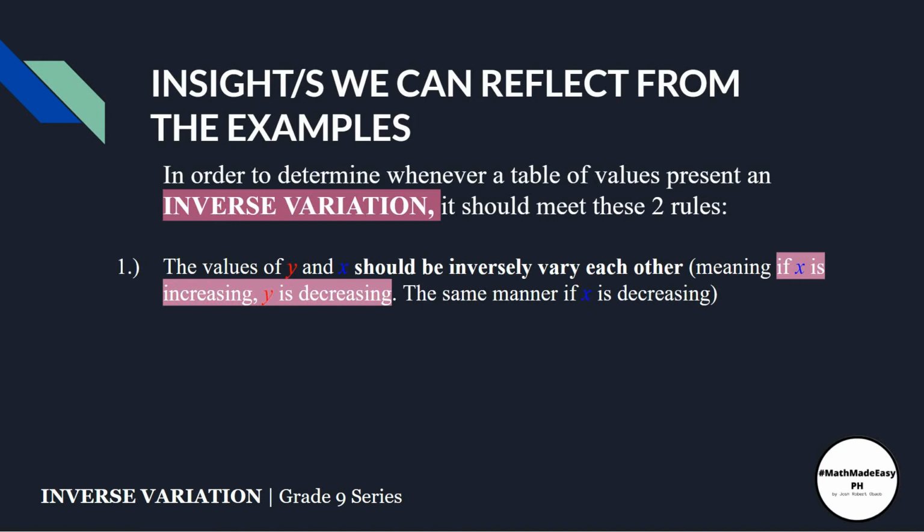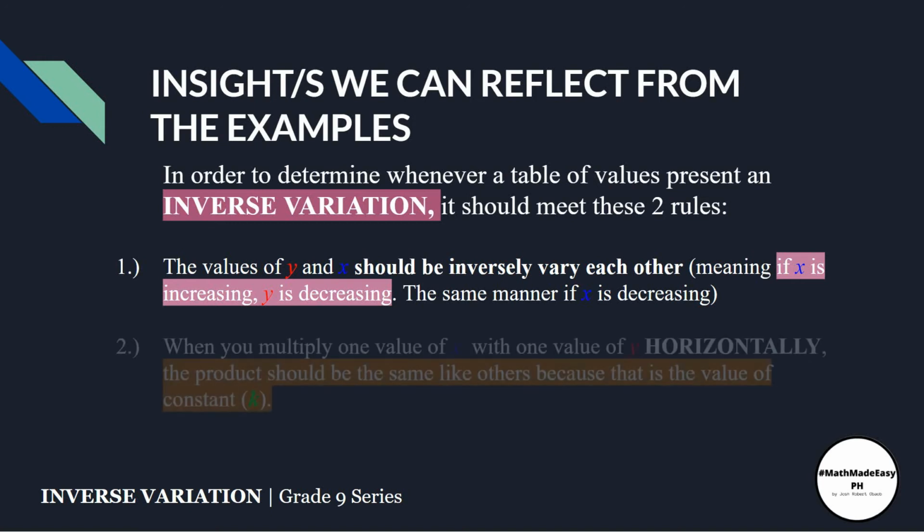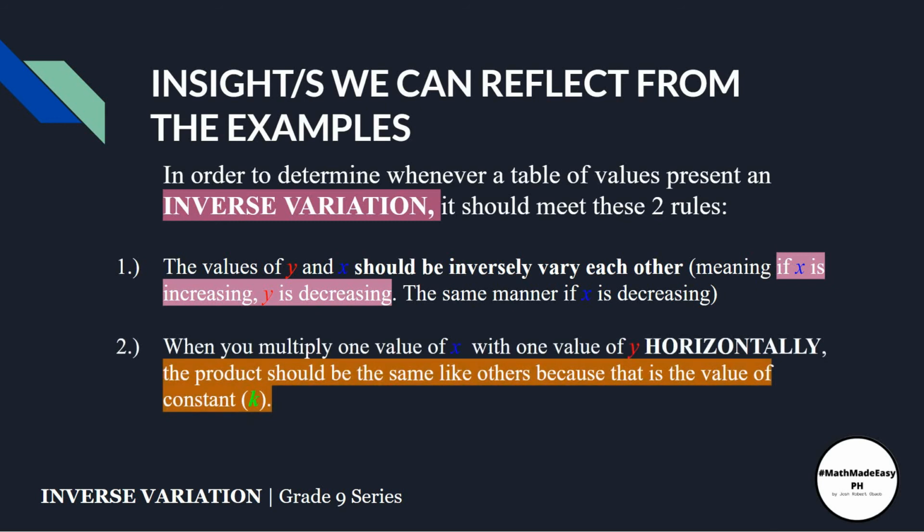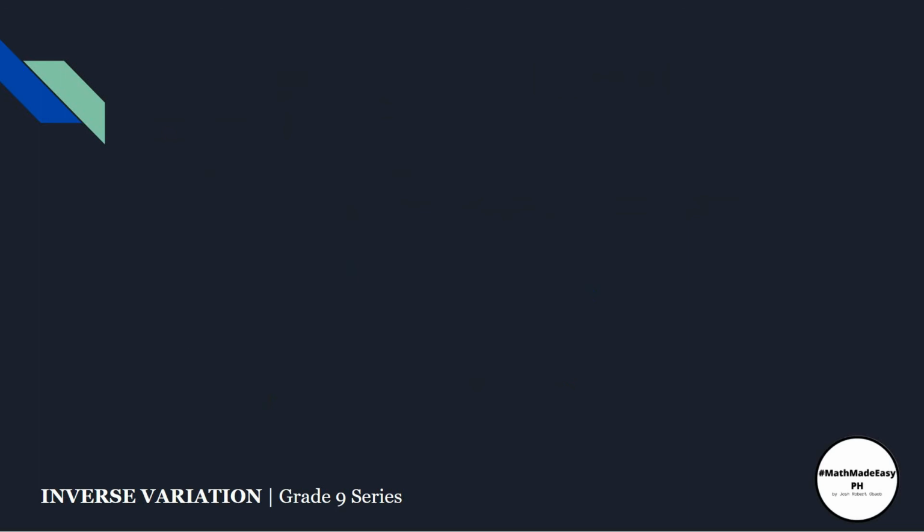The same manner if x is decreasing. If you multiply one value of x with one value of y horizontally, ang product nila ay dapat kapareho ng iba. Kagaya ng kanina, dapat makapares sila sa products ng ibang pairs. Kasi kung hindi, hindi siya inverse variation.